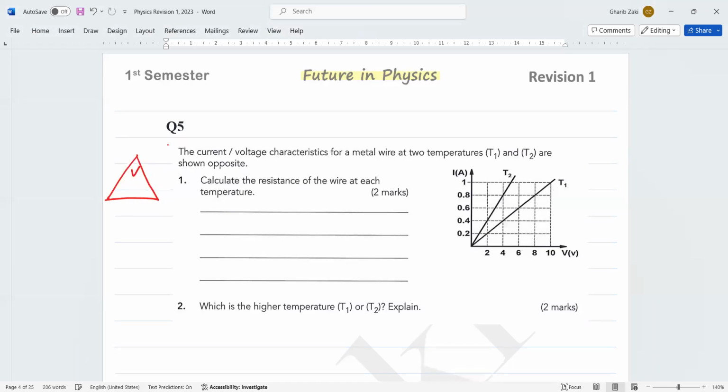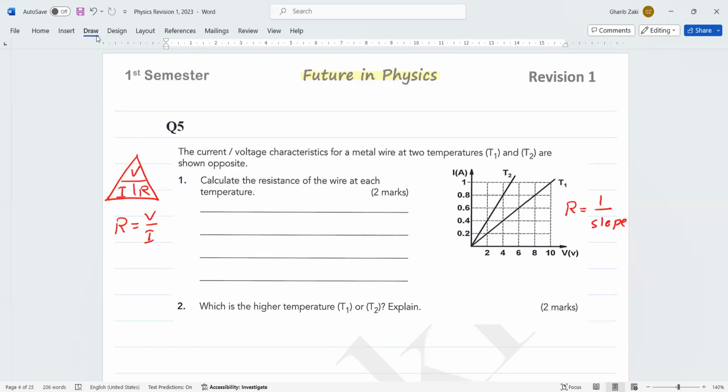V equals I times R. Then R equals V over I. But this graph is I over V, or IV, sorry. Then the resistance equals 1 over the slope, because it's an IV graph. It says calculate the resistance of the wire at each temperature.